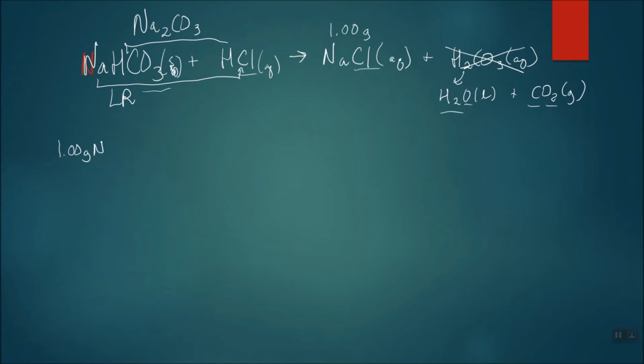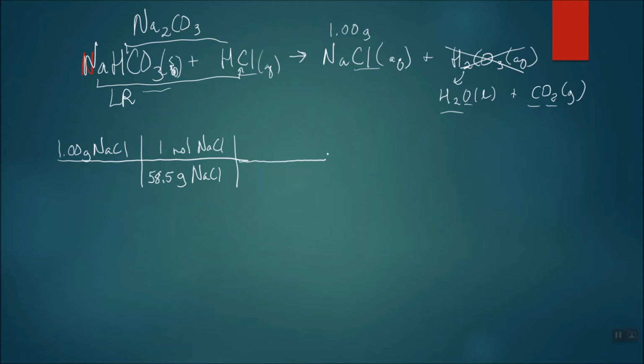1.00 grams of NaCl. Of course, step number 1 is to transfer all your grams of sodium chloride to the one unit that is in common with all chemicals, and that unit is the mole. So we're going to convert from grams to mole of sodium chloride, and hopefully by now you realize that for every 1 mole of sodium chloride you will have the formula mass of sodium chloride.